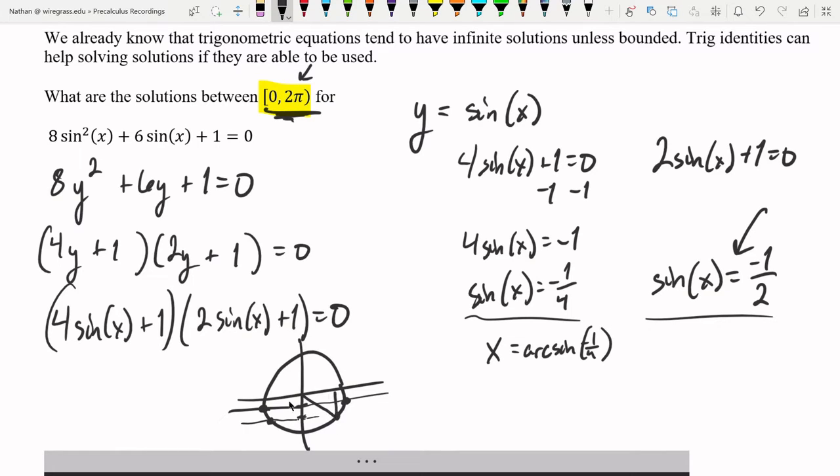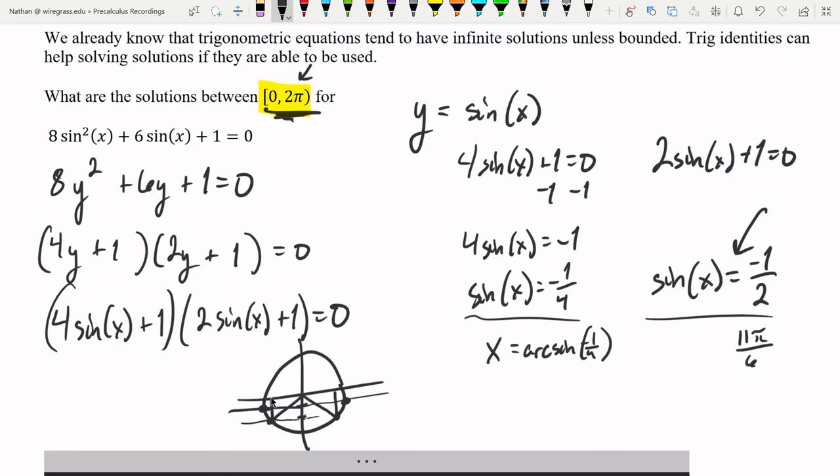If I create a reference triangle out of that, this thing comes from a 30, 60, 90 triangle, and we're at 30 degrees smaller than 360. So 330 degrees is what we're looking for, not negative 30. It has to be within the 0 to 2 pi range. That's the same thing as pi over 6 less, so it's going to be 11 pi over 6. Just put it in radians.